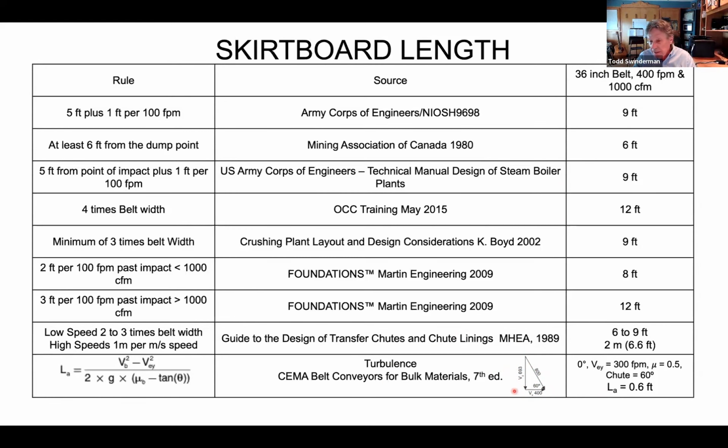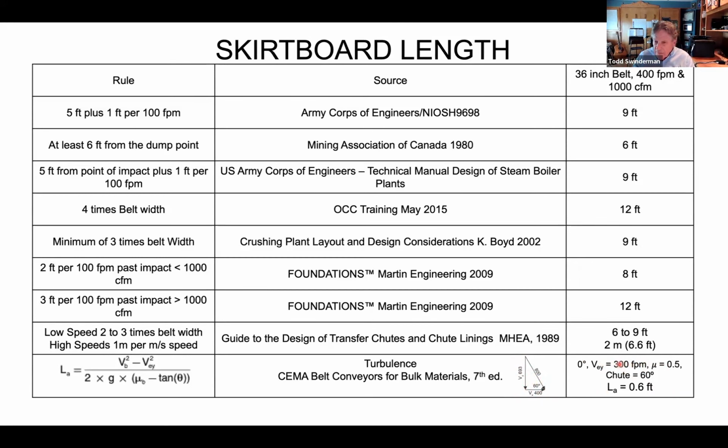And in this case, I said, well, I want to get fairly close to belt speed. So I'm going to figure my resultant vertical velocity here is going to be about 300 feet per minute. There's a lot of ways to do that. It's with the shape of your chute, the angle of your chute, those type of things, what kind of liner you have in your chute.